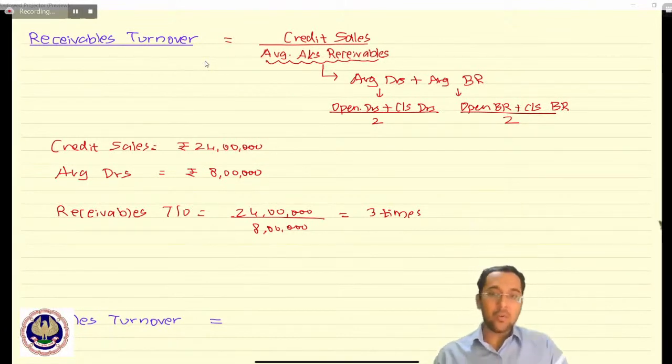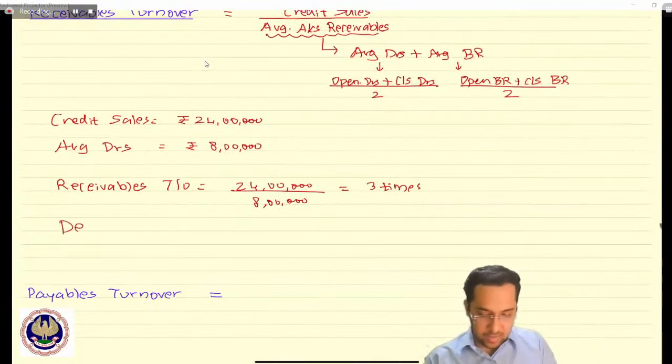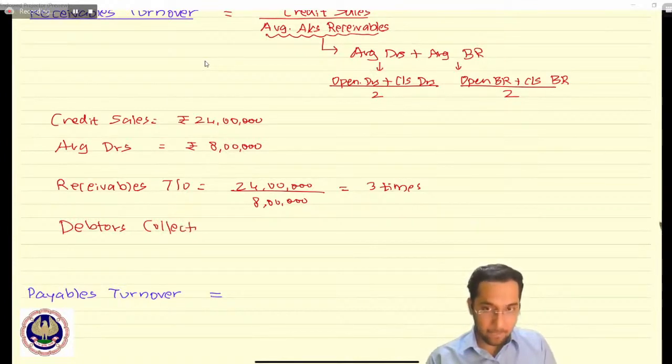You're going to need 4 months to get the entire money collected from your debtors. It means the next is the debtors collection period, or receivable collection period.